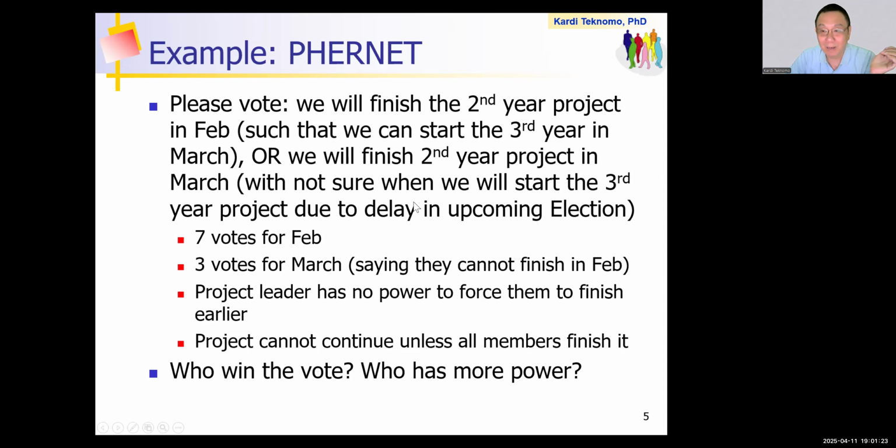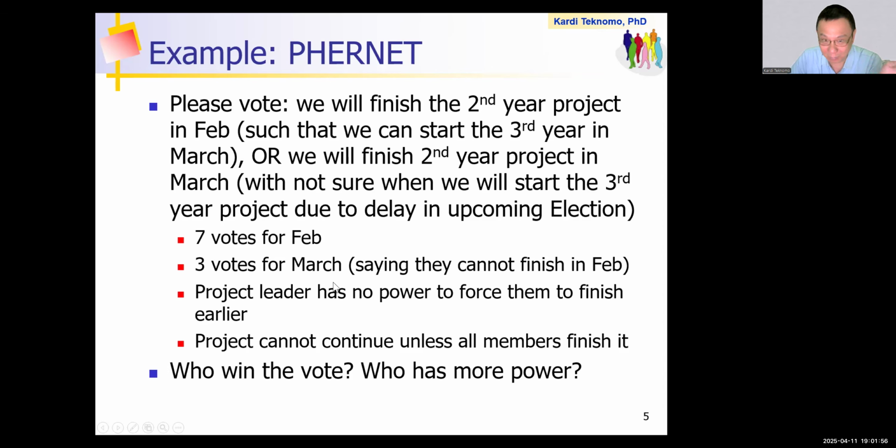And if we finished in March, we were not sure when we would start the third year project, because there was an upcoming election at that time. The group had 10 people, so we voted. 7 people voted February, 3 people voted March. So who won? February.